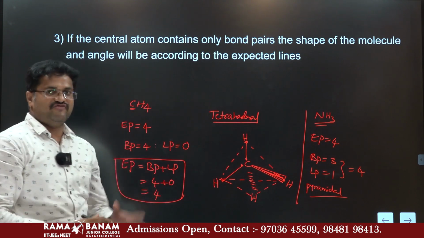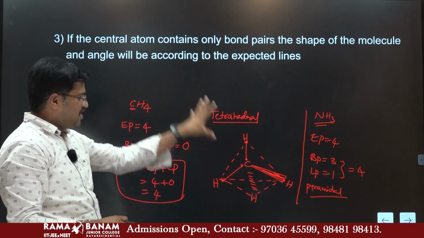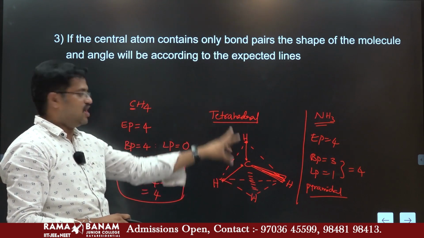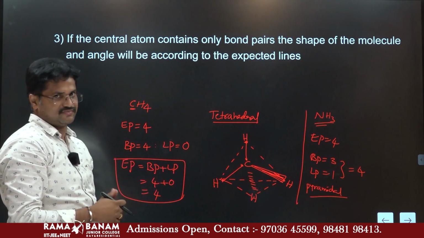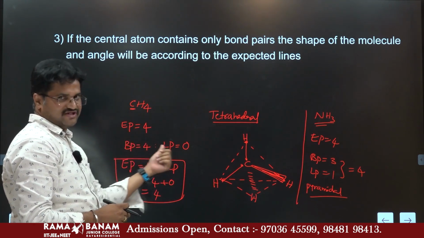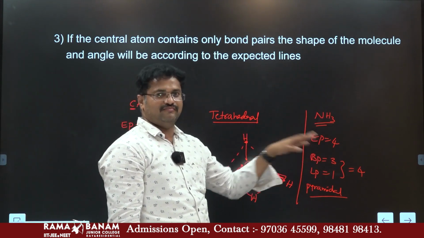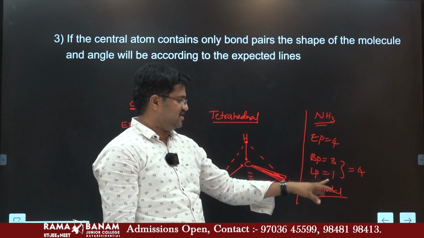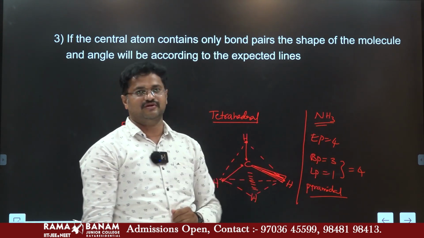If the central atom has only bond pairs, the expected geometry is tetrahedral: 4 bond pairs and 0 lone pairs. But in ammonia, electron pairs are 4, bond pairs equal 3, and lone pair equals 1. One lone pair is present on nitrogen.